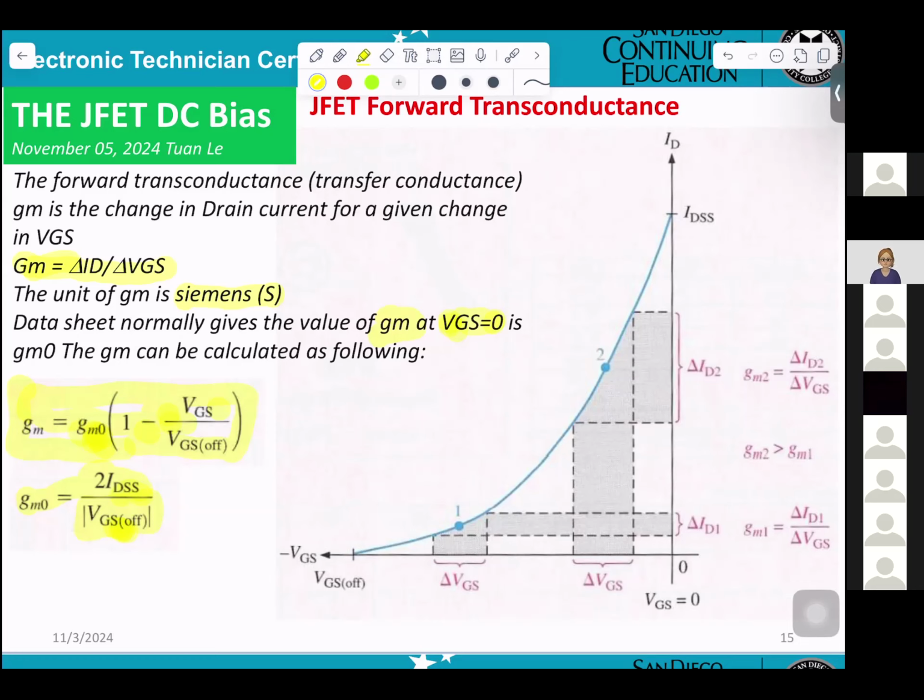GM0, that means GM at VGS equal 0. Normally given by manufacturer. If they not, you can calculate GM0 equal 2 times IDSS divide absolute value of VGS off.